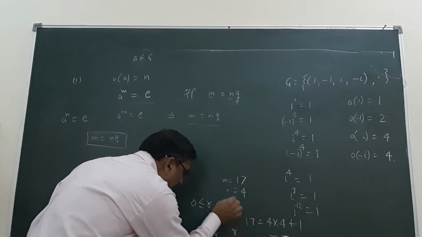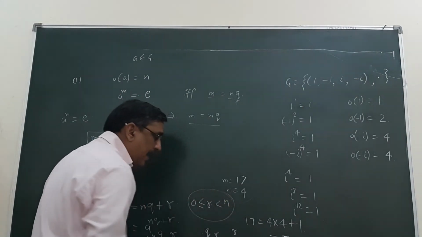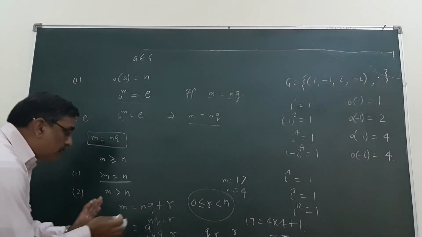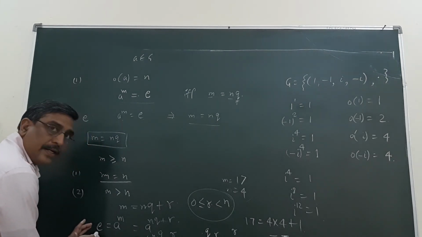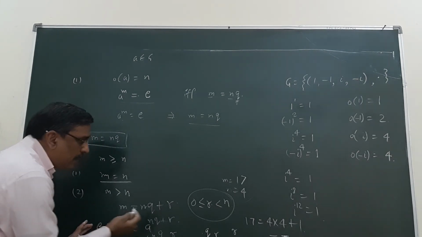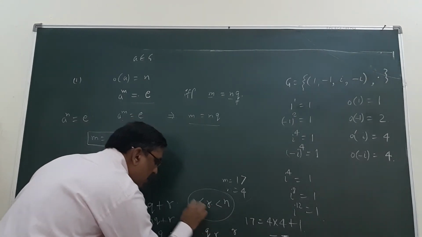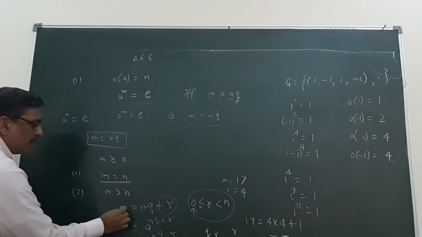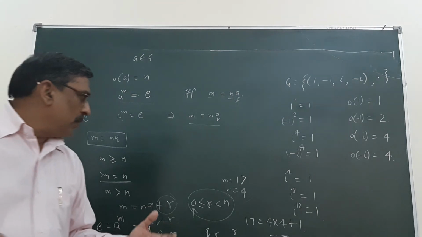But from here we see that r is less than n, and A raised to the power r is equal to identity is possible only when r takes the value 0. So if r is equal to 0 here, then m is equal to nq. This is what we wanted to prove.